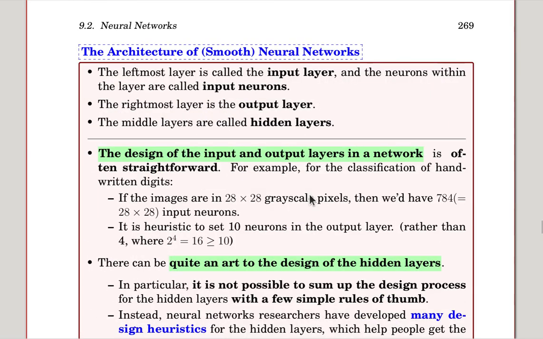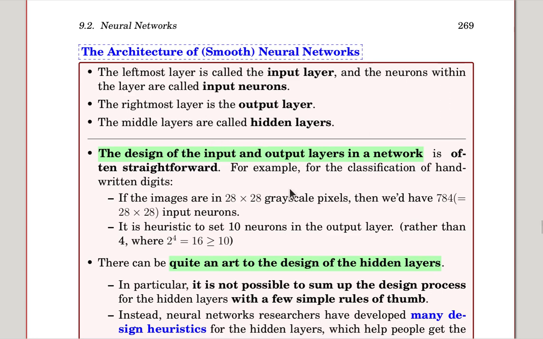Here we summarize the architecture of smooth neural networks. The leftmost layer is called the input layer, and the neurons within the layer are called input neurons. The rightmost layer is called the output layer, and the middle layers are called hidden layers. The design of the input and output layers in a network is quite straightforward in many cases.